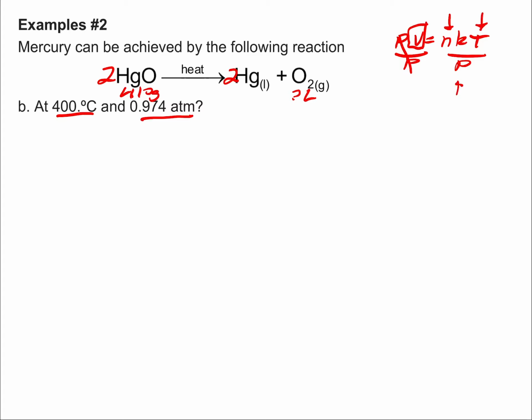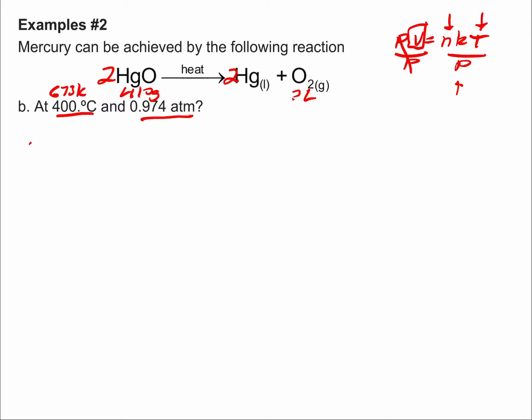My pressure is already in atm, so I've got to convert my temperature to Kelvin. That is now 673 Kelvin. So my temperature's in Kelvin, my pressure's in atm, so that's good.